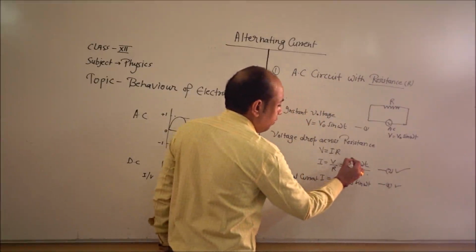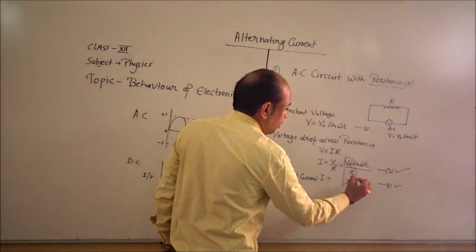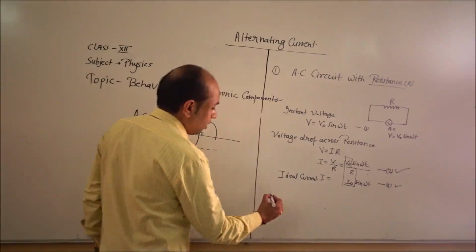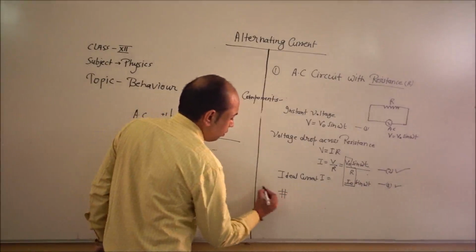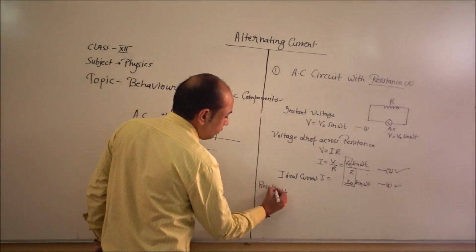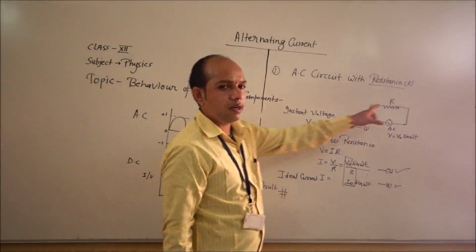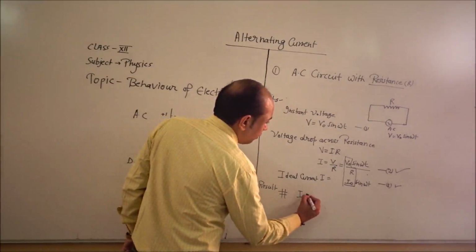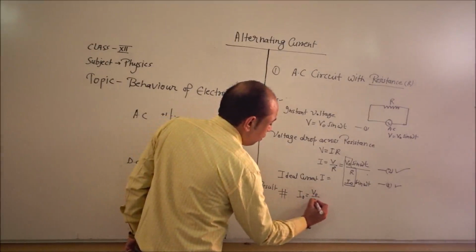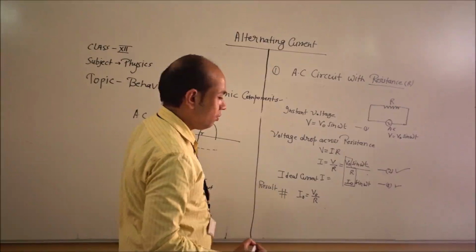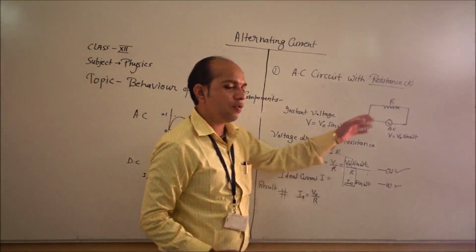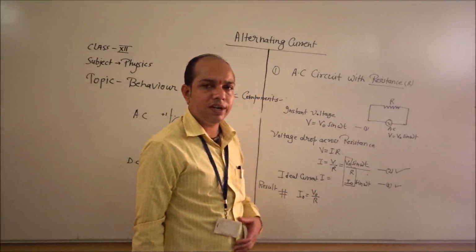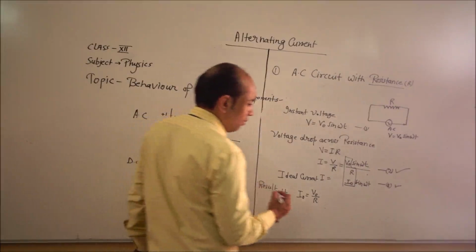What we see is I naught is equal to V naught by R. So this is the first conclusion, or result. When a resistance is connected in an AC circuit, the peak value of current I naught is equal to V naught divided by R. So whenever we calculate the peak value of current, simply find the peak value of voltage and divide it by the resistance given.